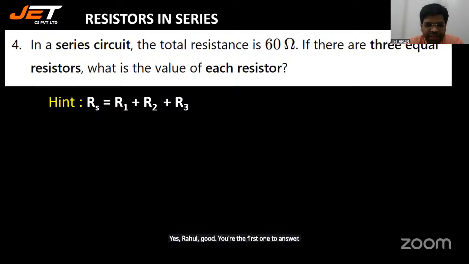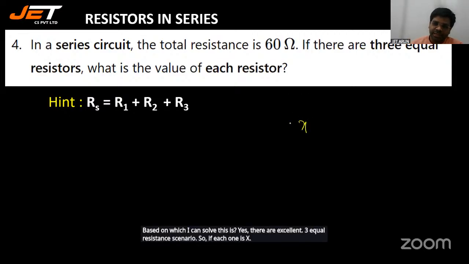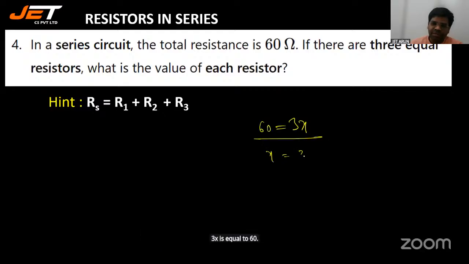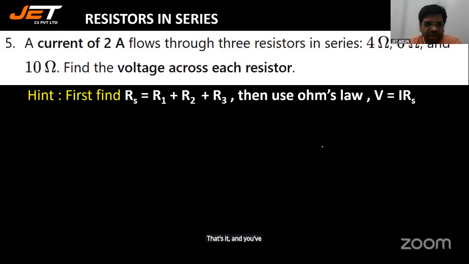Rakesh, Sahasra, excellent. There are three equal resistors, the additional condition based on which I can solve this. Yes Charan, excellent. Three equal resistors, so if each one is x, 3x is equal to 60, x is equal to 20 ohms. That's it. And you've done it well. Look at this.